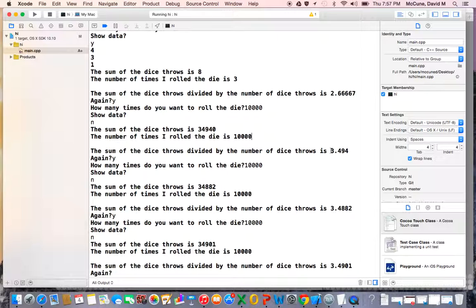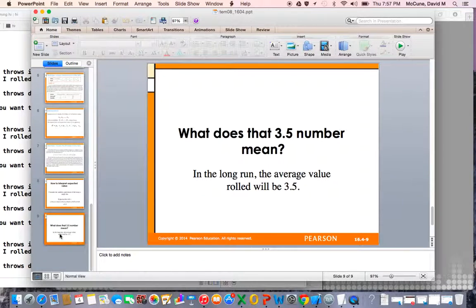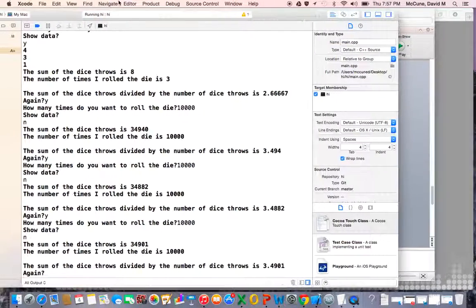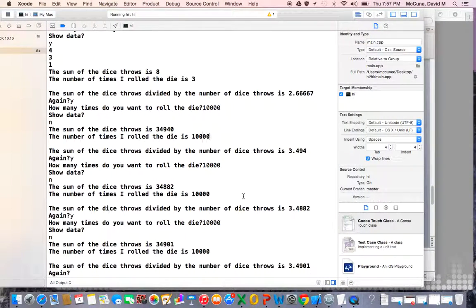They are all essentially 3.5, which you'll remember is the expected value. That was the expected die roll, right? That's what we got. 1 times its probability plus 2 times its probability, etc., was 3.5. So this is literally what an expected value is giving you.